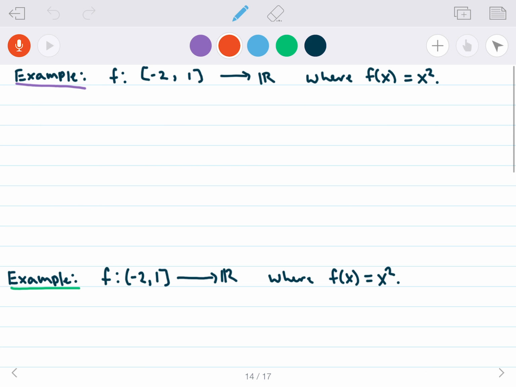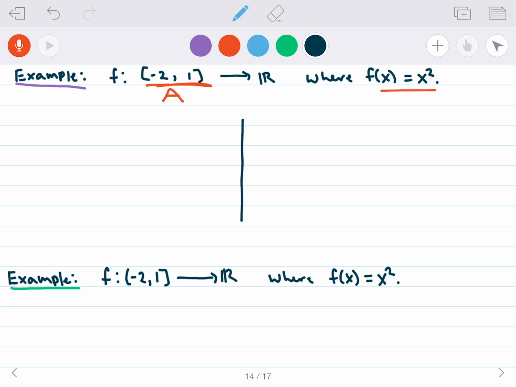Okay, so let's look at some examples here. By the extreme value theorem, we have a compact set A, right? Closed and bounded is compact. So [-2, 1], and our function is defined by x squared. What the extreme value theorem says is that this function should achieve its supremum and infimum since A is compact.